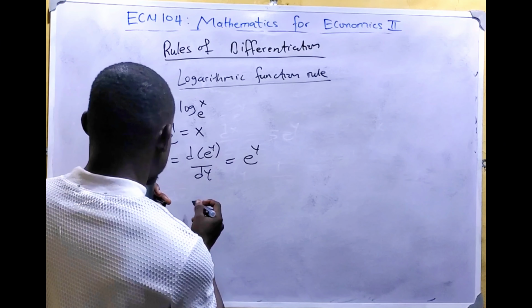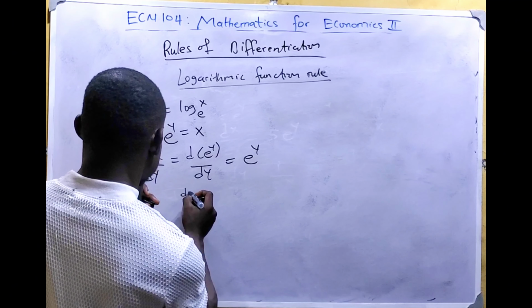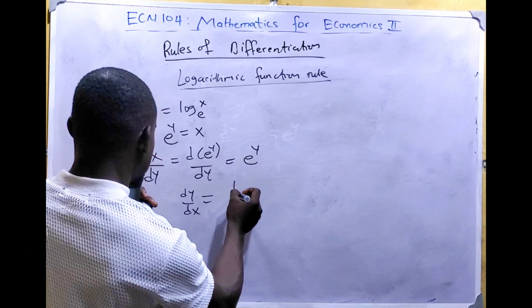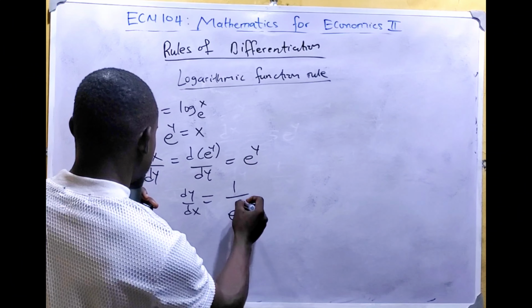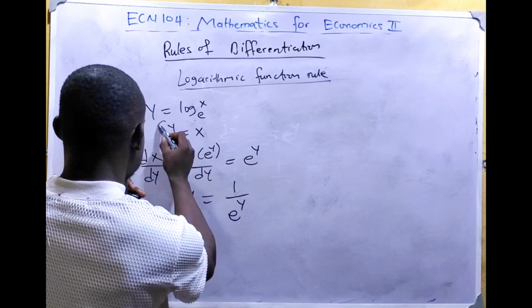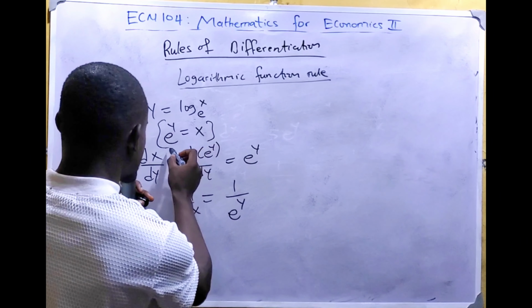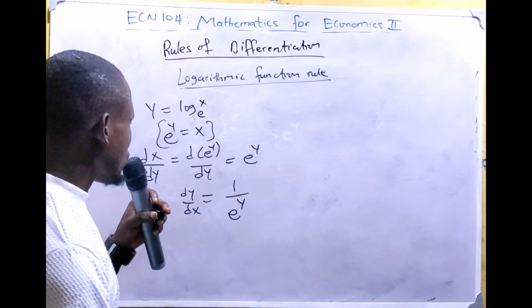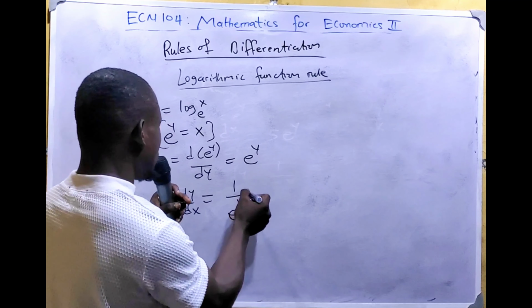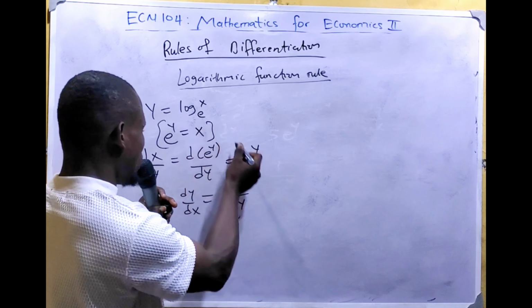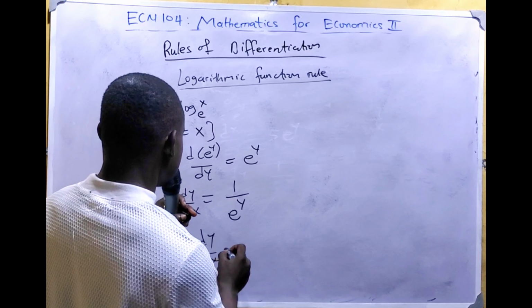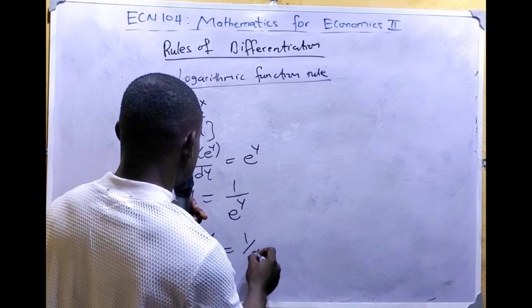In this case, our dy/dx will be the reciprocal of this, which is 1 over e raised to the power y. But recall that we already noted that e raised to the power y equals x. So substituting x for e raised to the power y, we have dy/dx equals 1 over x.